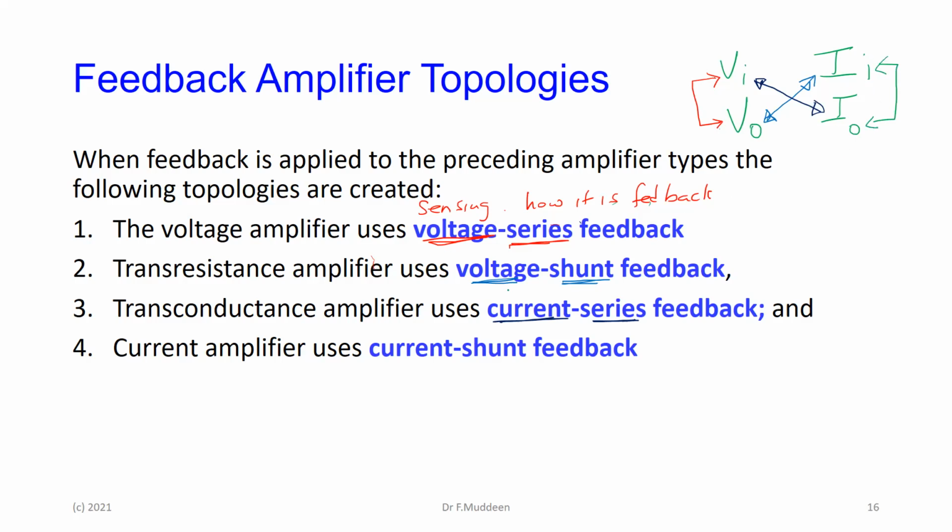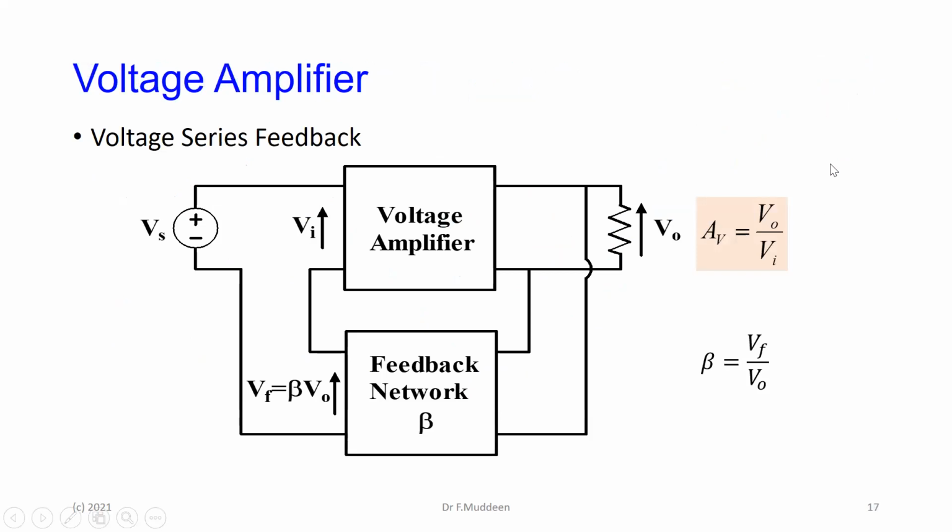So what am I sensing? Current. And if I have to feedback current, it has to be in parallel with what went in. So it has to be in shunt, right? So the first term tells you what you are sensing, and the second term tells you how you're feeding it back. And here are the configurations to show what we mean.